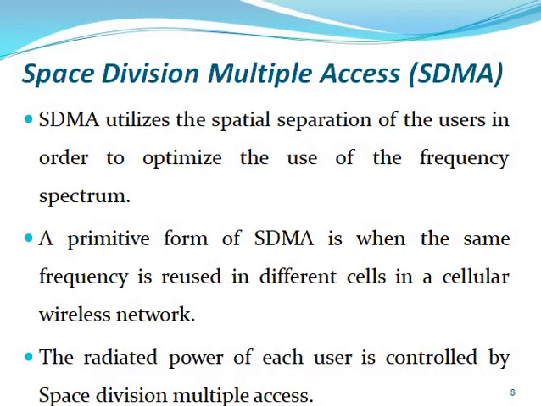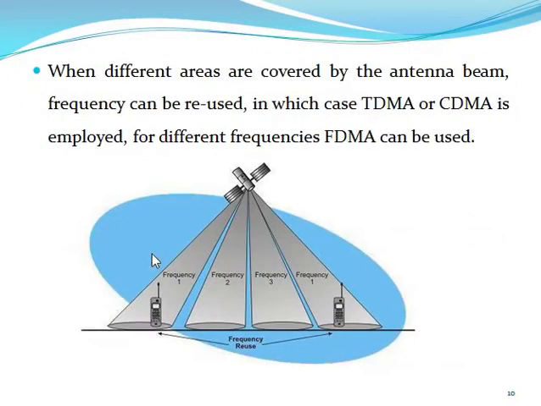Now space division. You can see that this is the frequency band, and you have divided a particular space for a particular frequency. So when you transmit any signal in a particular space, that frequency is occupied. The frequency size or bandwidth does not need to be the same, but it is easy to access any particular frequency.